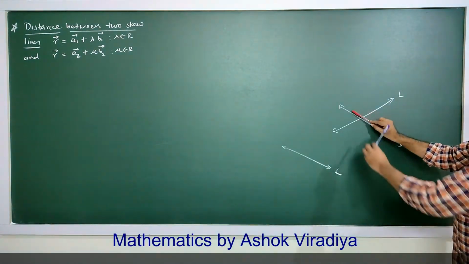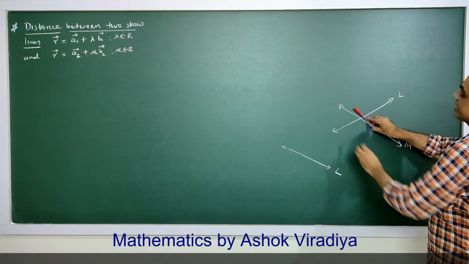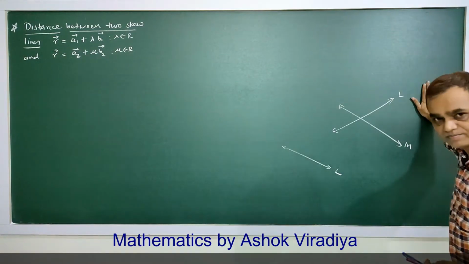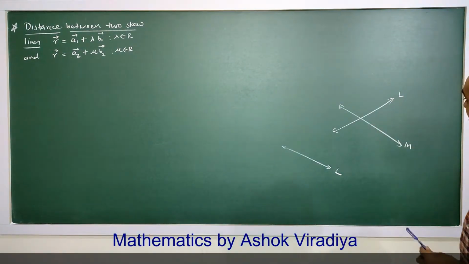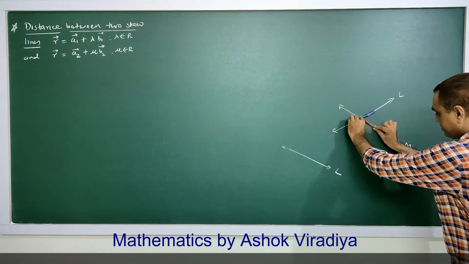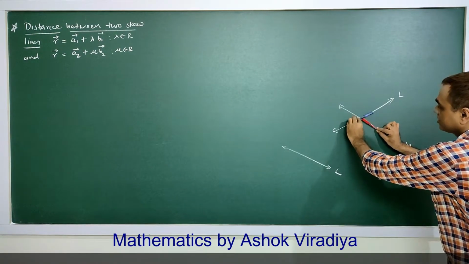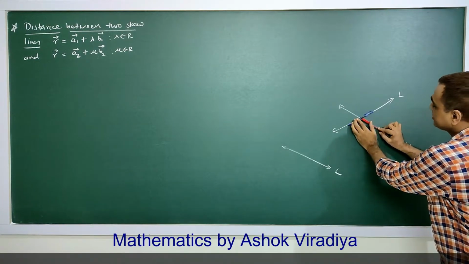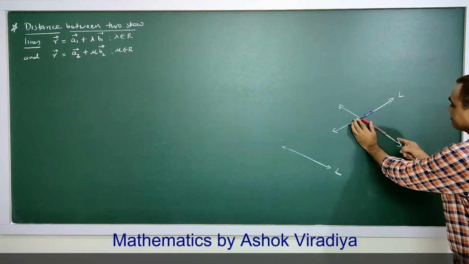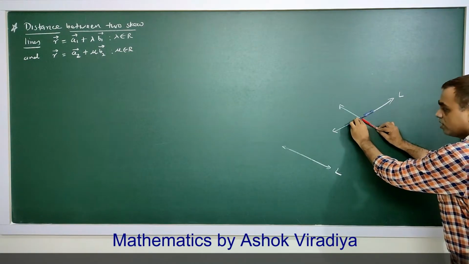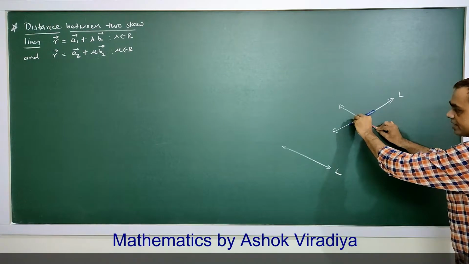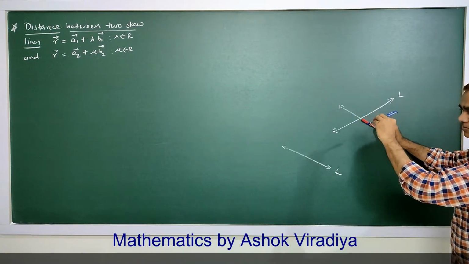Say here, these are coplanar lines, which you can see in this picture on the green board. But suppose this line which I show by this blue pen represents line L and red pen represents line M. Now I am taking off this blue pen from the surface of this green board, without changing direction.